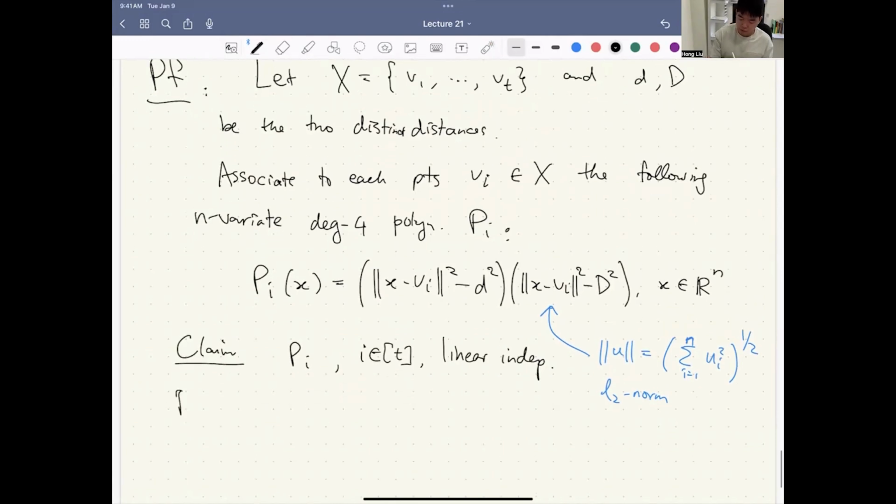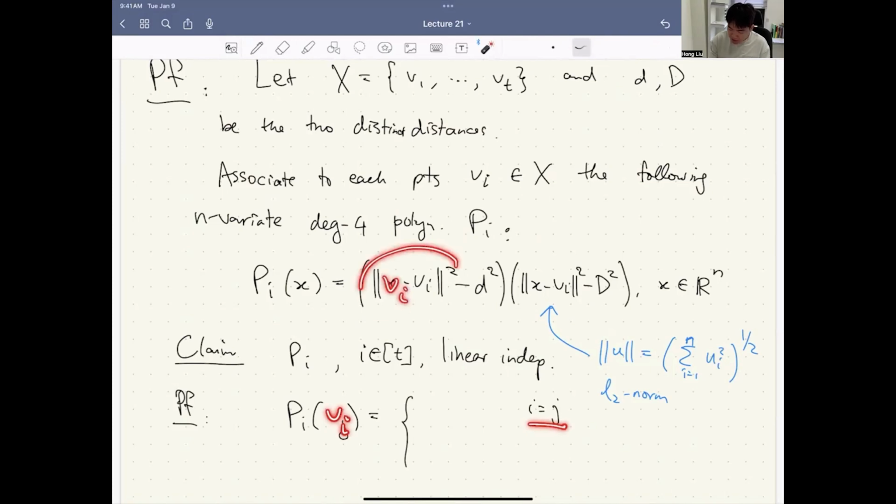Okay, let's see the proof. Not so hard, standard to verify. Notice first that if you look at Pi of vj with i equal to j, if you plug in vi, these factors are not zero, so we get some non-zero value. What's important is that it's non-zero.